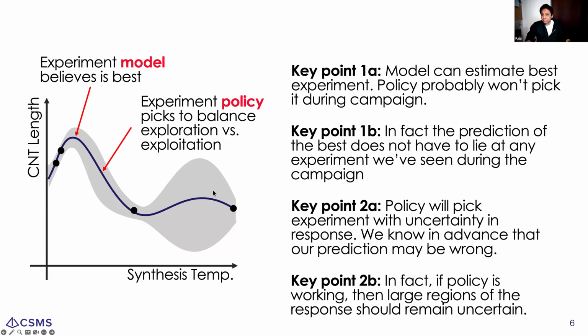And that's the point of Bayesian optimization. At the end of your campaign, you are not going to have a globally accurate model. You are going to be avoiding these regions because there's very low probability that this is going to be optimal. So you'll have large regions that remain uncertain.